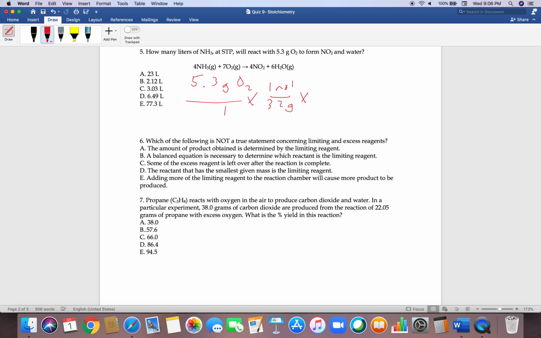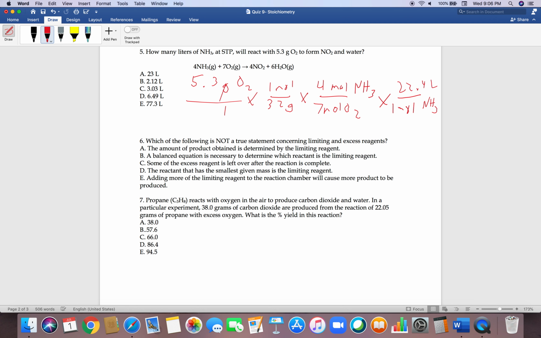And we see here per every 7 moles of oxygen gas, we're looking for NH3, so we need 4 moles of NH3. And here we need to use that molar volume conversion, which says that for every 1 mole of any substance, but that includes NH3, we have 22.4 liters.